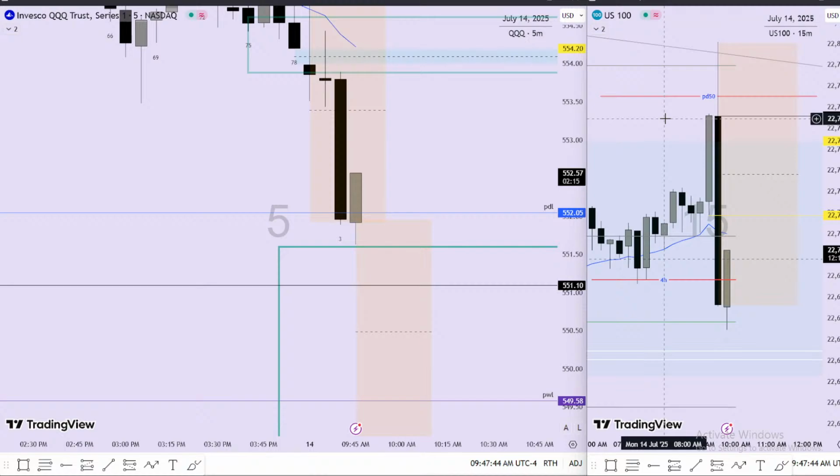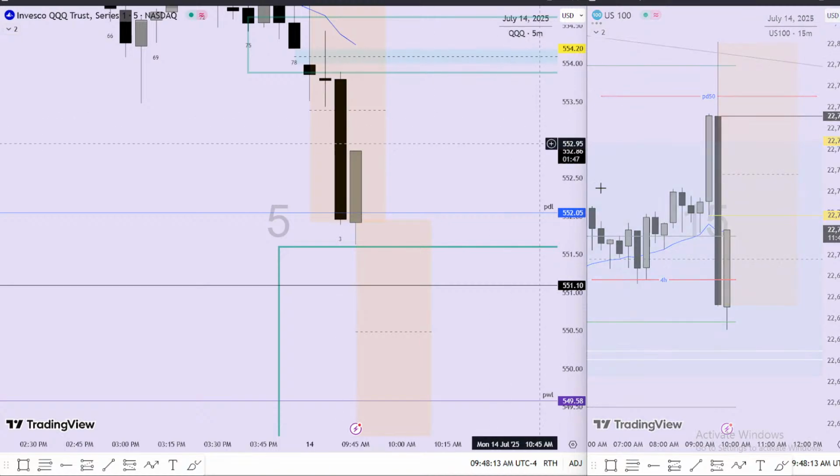And one more thing, we never got a close below this range, so that makes the trade invalid. Never got validation. Never got validated on a 1 minute.